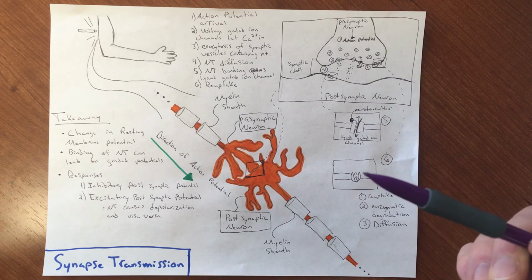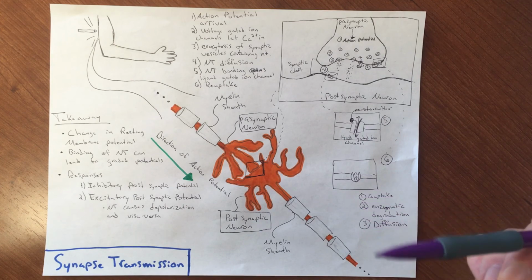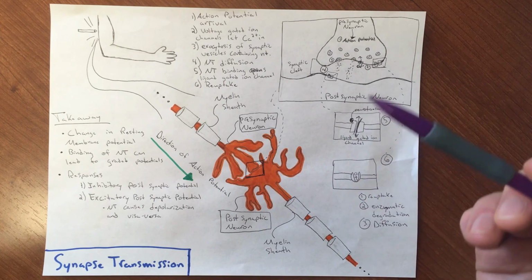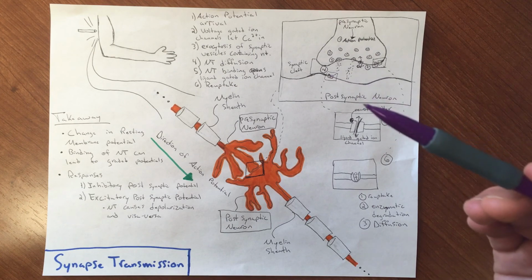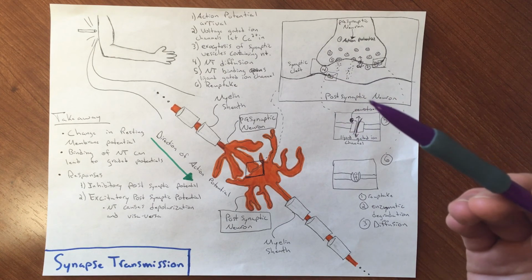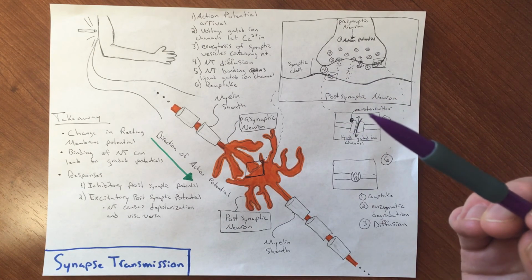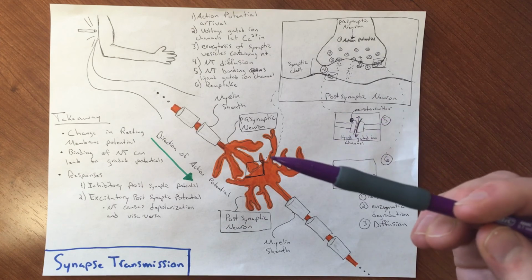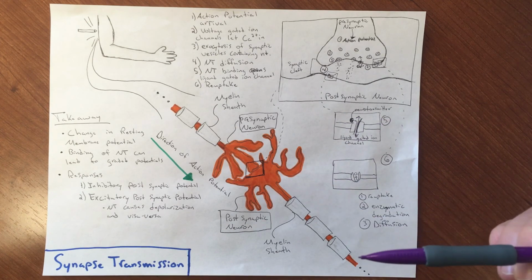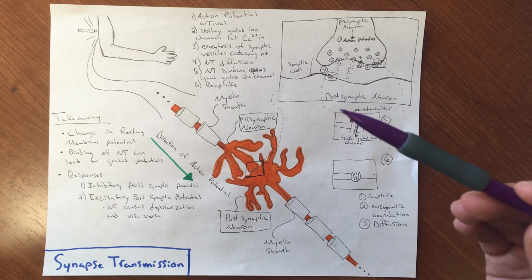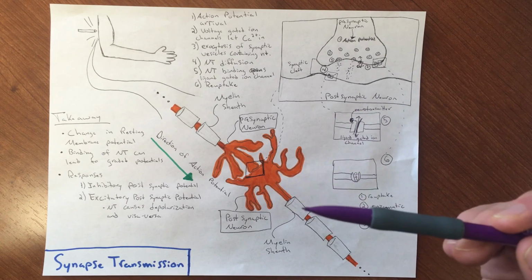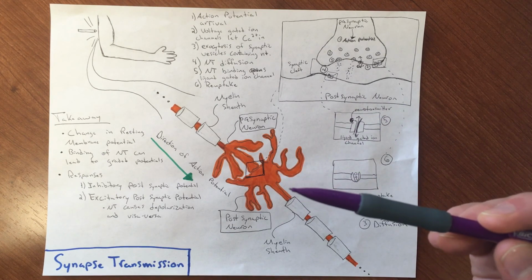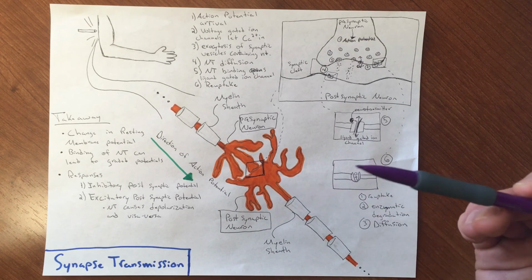Depending on the type of neurotransmitter that was released, you get either an excitatory postsynaptic potential, where the action potential is continued and the signal is sent, or an inhibitory postsynaptic potential, where no signal is sent and it actually inhibits any information from being sent.